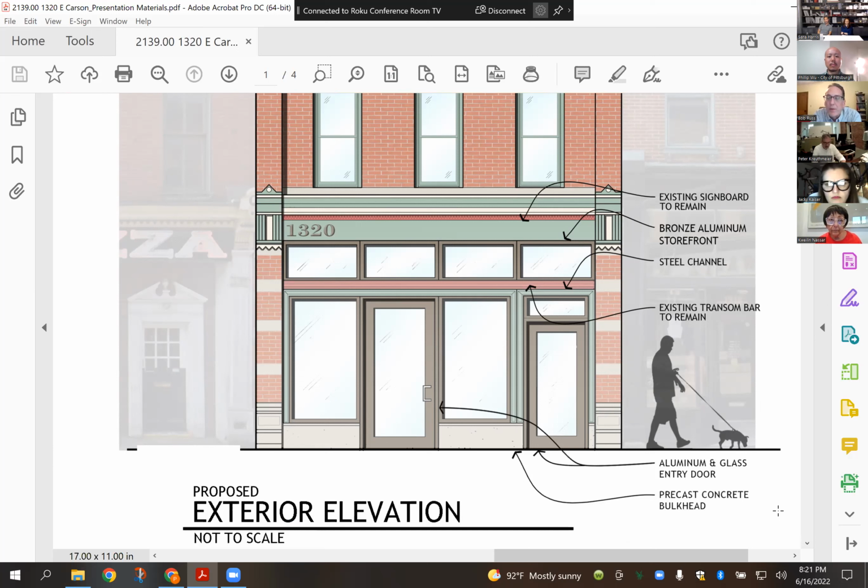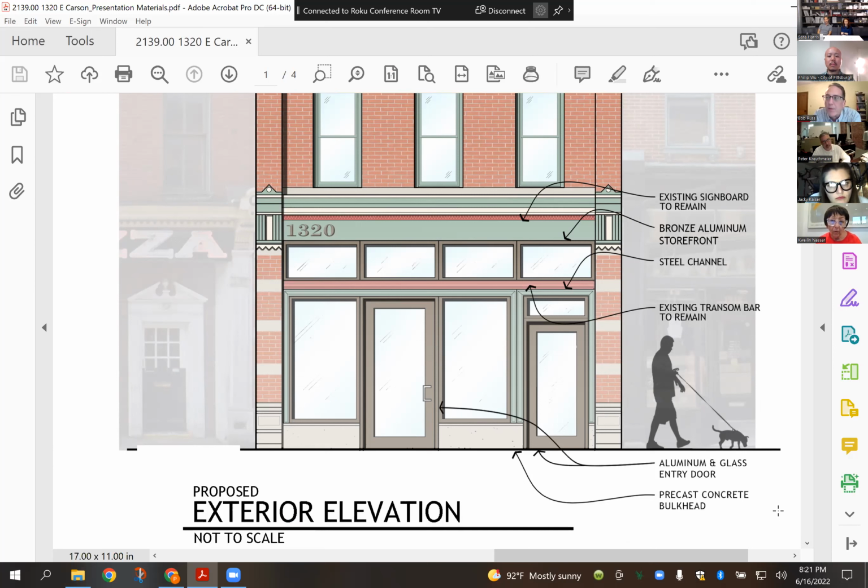And therefore, Peter has the right to put it back without being faux historic. And that's where his little contemporary steel channel comes in. He can kind of play and not necessarily have to duplicate or recreate an old historic storefront.